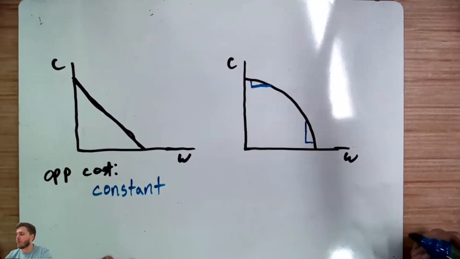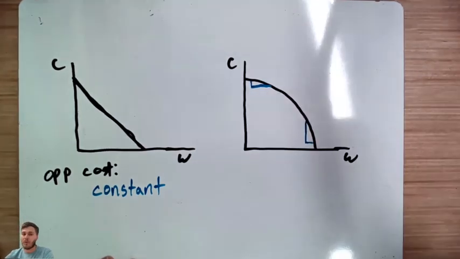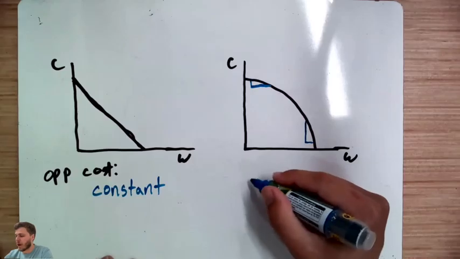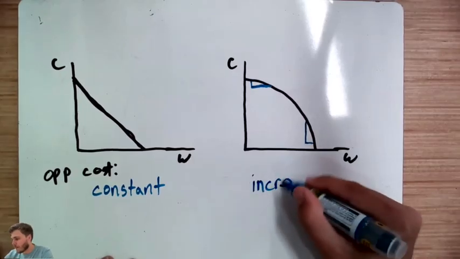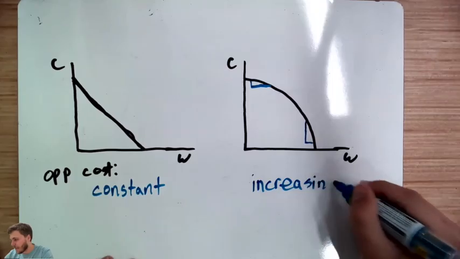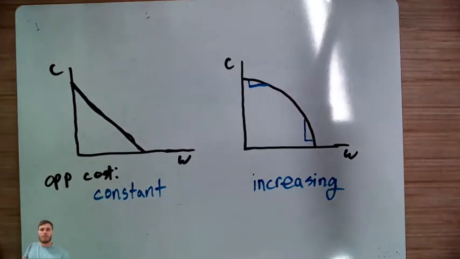But if I was going right to left on this curve, the same thing would happen. So what we would say here is that our opportunity cost is increasing. And it is increasing for both computers and wheat. So that's the next bit that we just did.